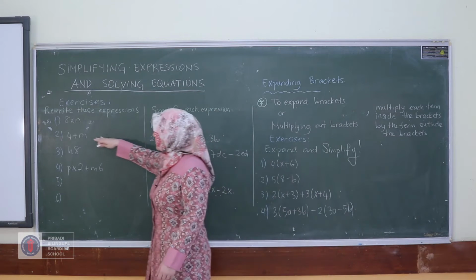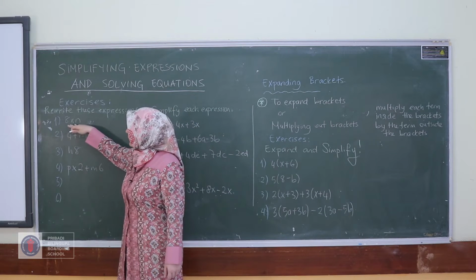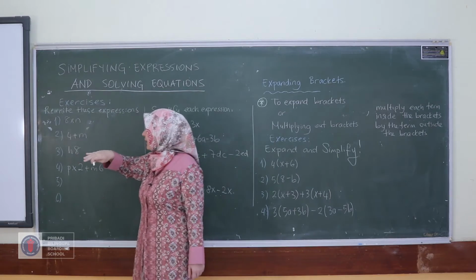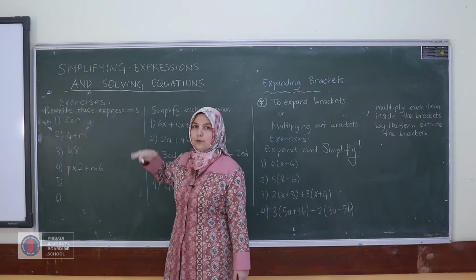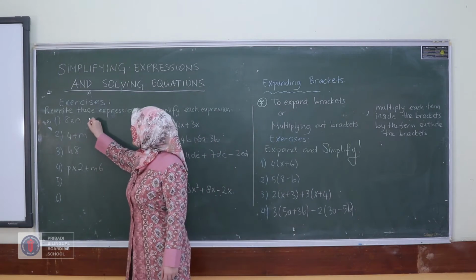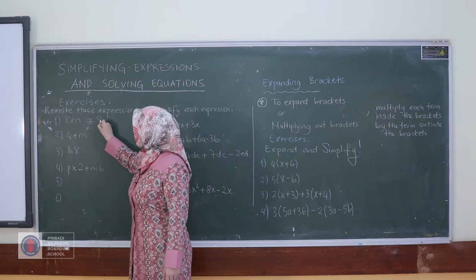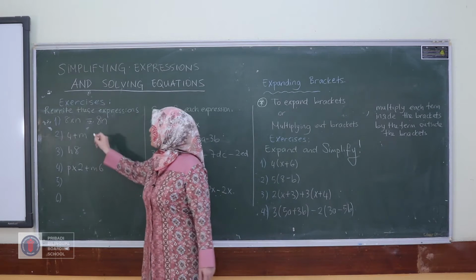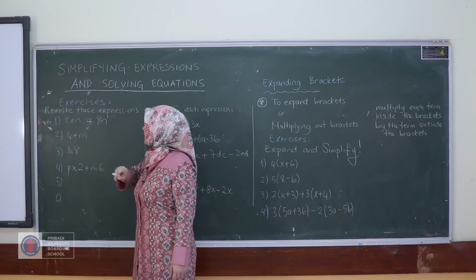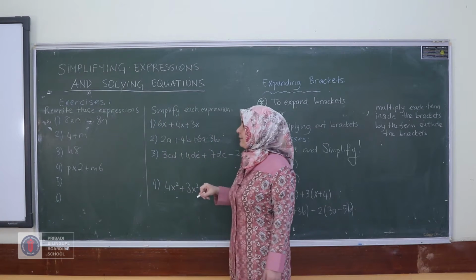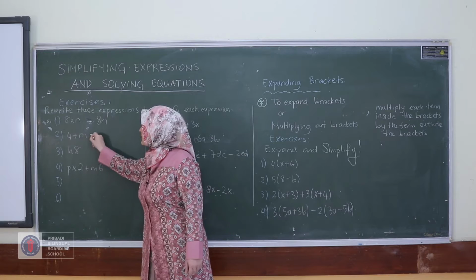Okay. Our first question is like that. 8 times n. If we follow our guidelines, we can write this as 8n in simple form. And the second one, 4 plus m.